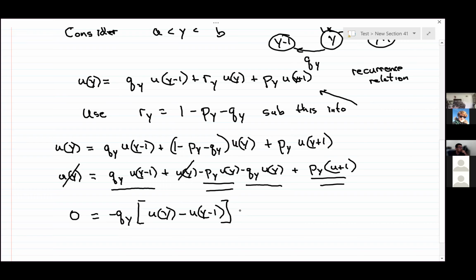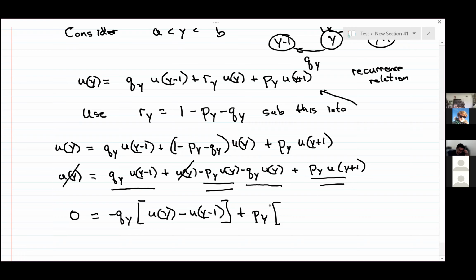So we pull out the p sub y, and what's left would be u of y plus u. This one's not written well. That's a little better. So that should have been this times u of y plus 1.